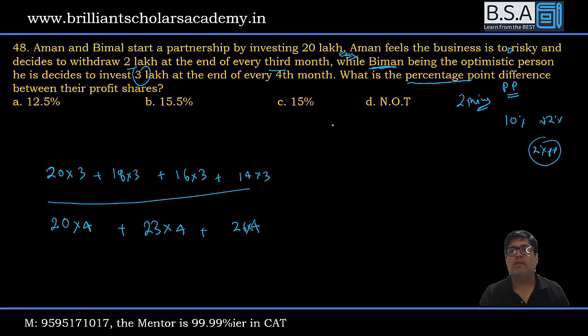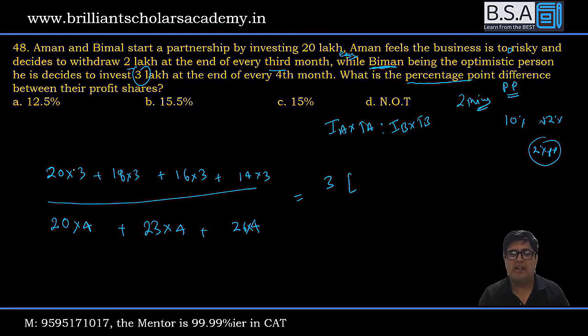What do we do? We multiply investment into their time to get the profit sharing. That's the profit sharing ratio. Now, do not be worried. You see here 3 is common. Take 3 outside.